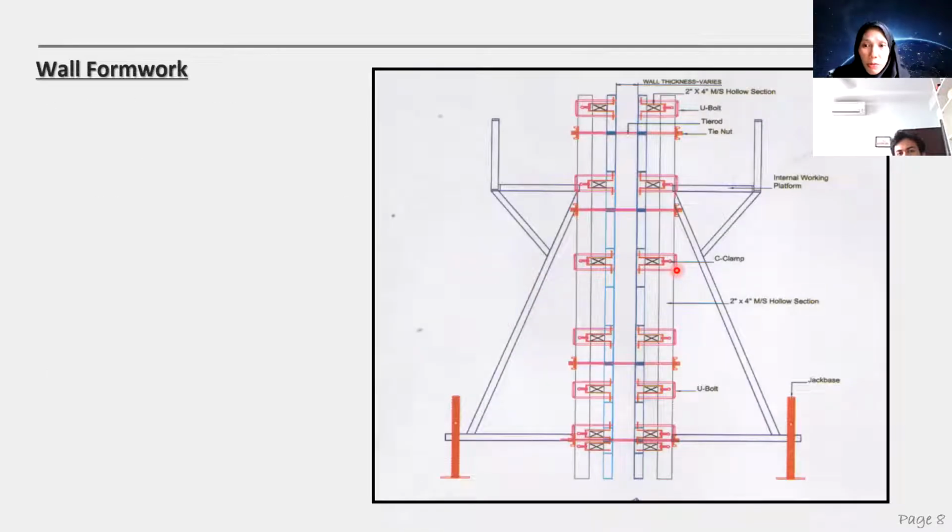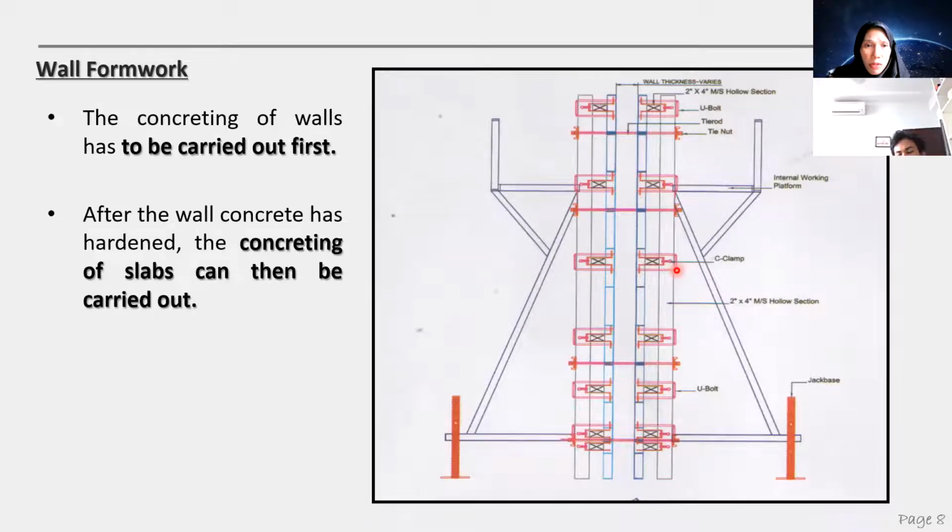Okay, so this is wall formwork. Wall formwork is for concreting the wall, and after the wall hardens, only then can the concreting of the slab continue.